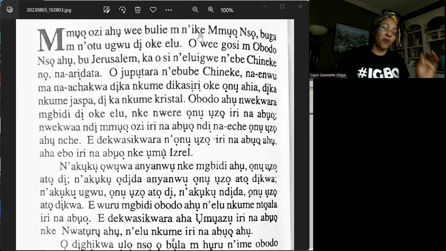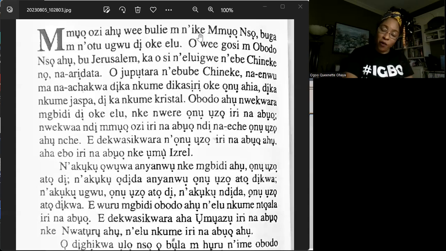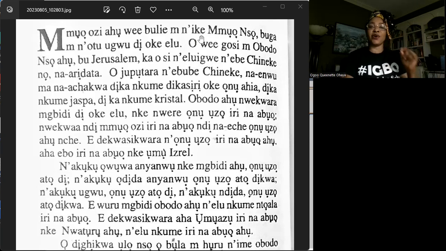There are some words that we're going to go over probably down the road or next week. Some words are the same word with different meaning and different sounds. Some of them have the same word, different meaning, but the same sound too. So Ike means power, also strength.